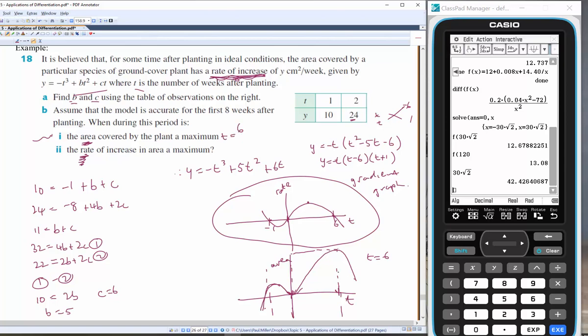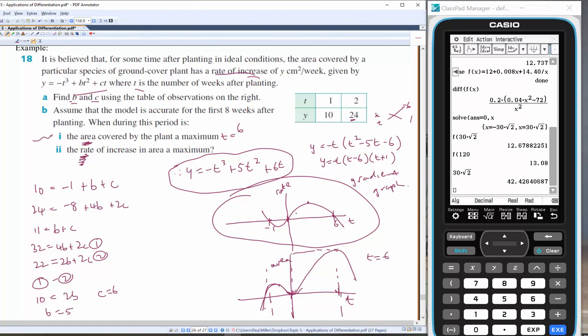Right, that's very difficult, and to do this, what you want to do is go back to this function here and consider what it is, which is a rate. Read these questions really carefully. The area covered is the original, because when I differentiate area versus time, I get the rate of change in area versus time.